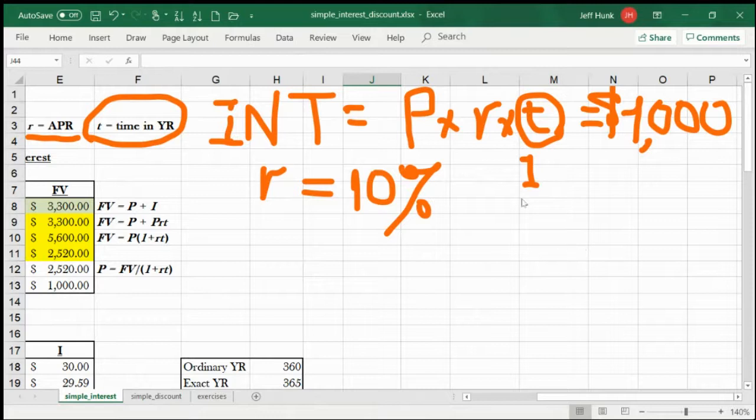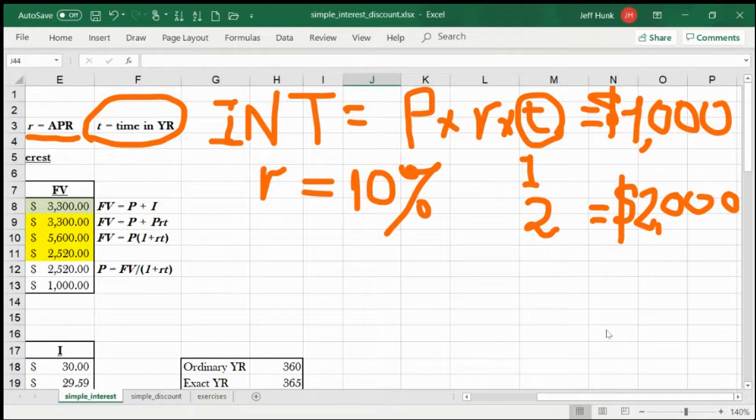Now, however, if you put your money in for 2 years, what's the interest going to be? Because it is 2 years, you plug in 2 there, and we all understand interest for 2 years will be $2,000.